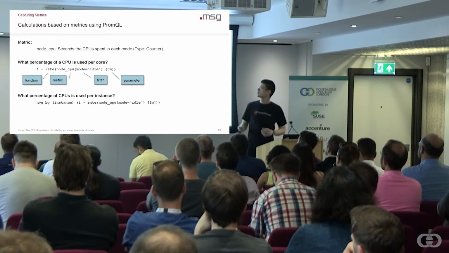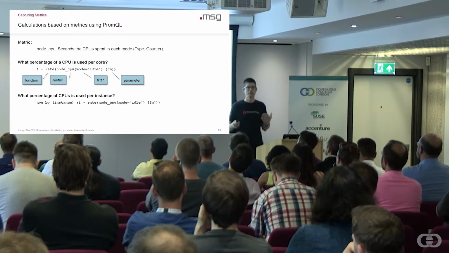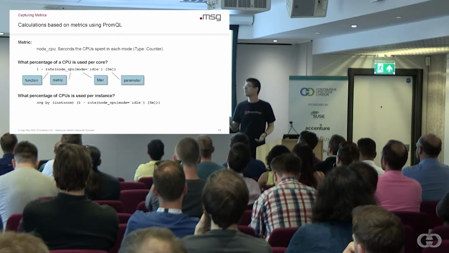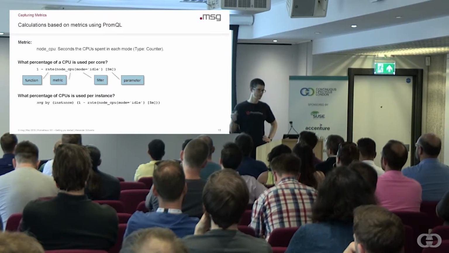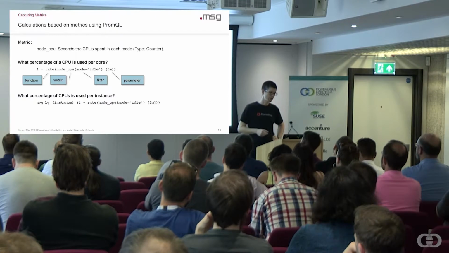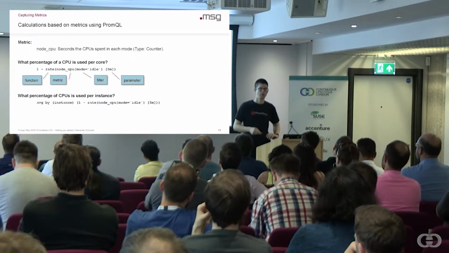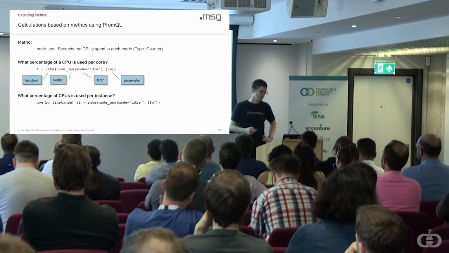And if I don't want to have this idle time of a CPU, but the percentage being used, I can do a 1 minus to get the inverse of that. So the result of that is a number between 0 and 1 telling me how much of the CPU is actually used. And this is then math with a single node, a single metric.